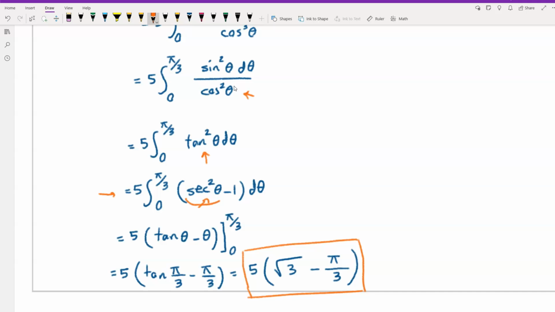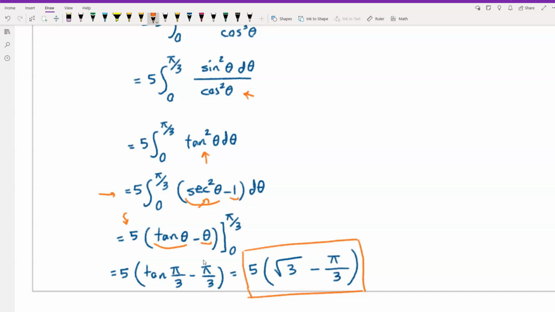For secant squared d theta, we have tangent theta, and for 1 times d theta, integrating that gives minus theta. And then multiply by 5, and this is from 0 to pi over 3. So use pi over 3 instead of theta, and use 0 instead of theta.